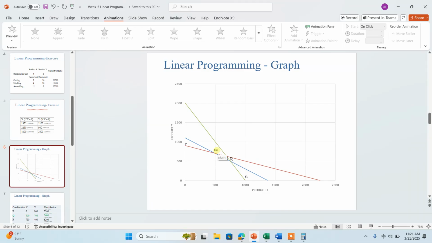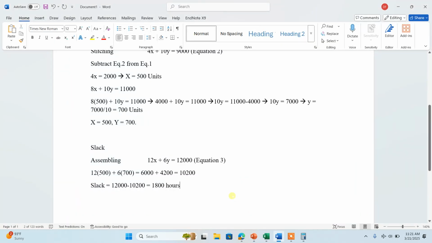Now let's think about this: should we go for additional constraints of X and Y? And one more thing, there is a word used called binding. The word binding is used when your constraints are fully utilized.